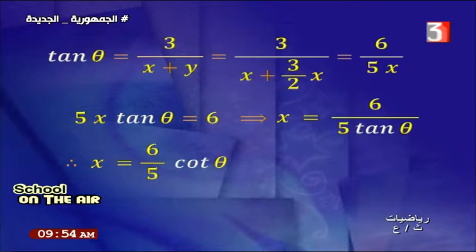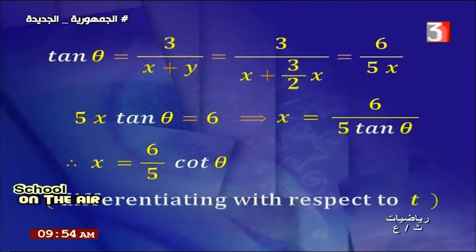Now we have the relation between x and theta. Then, by differentiating with respect to the time t, we get dx/dt equals 6 over 5, which is a constant, multiplied by the derivative of cot theta with respect to the time t.